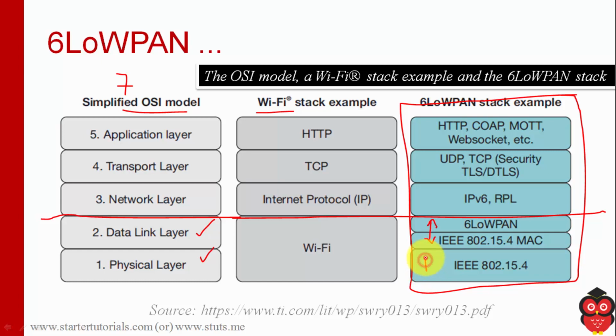So this is the IEEE 802.15.4 physical layer, and here we have the MAC layer, and above that the network layer.